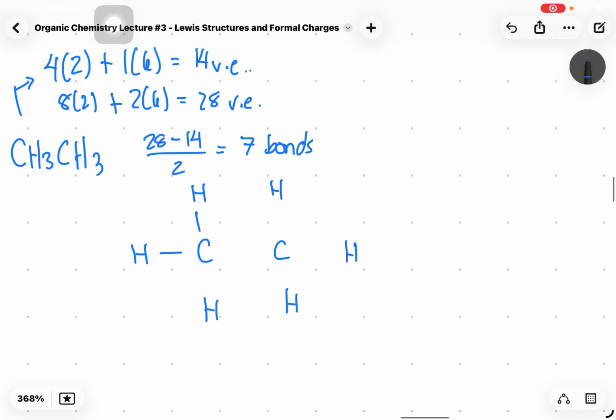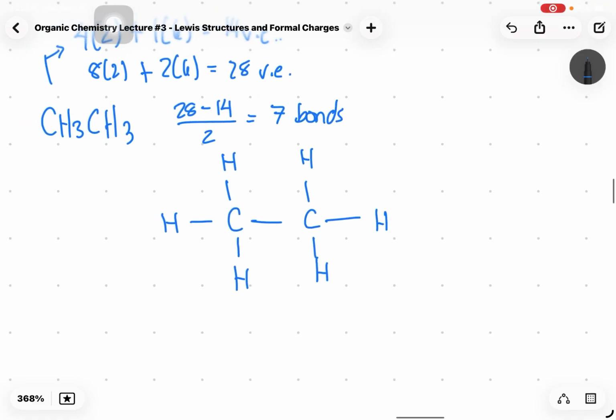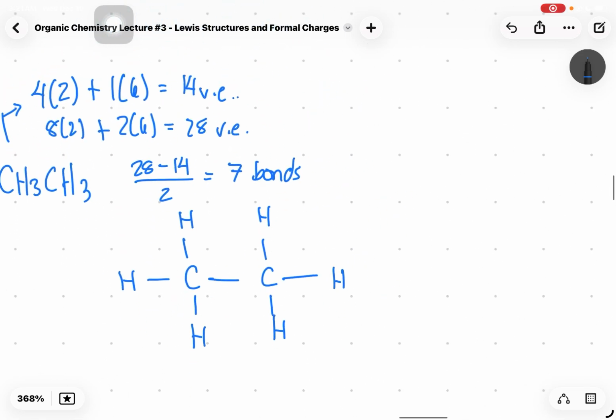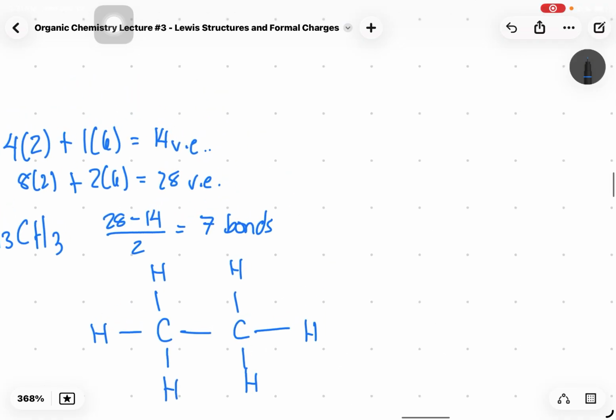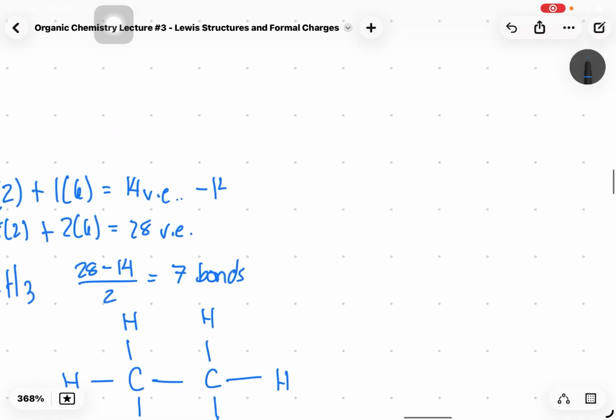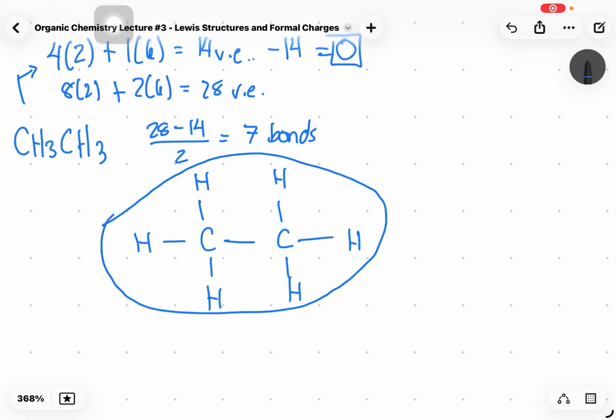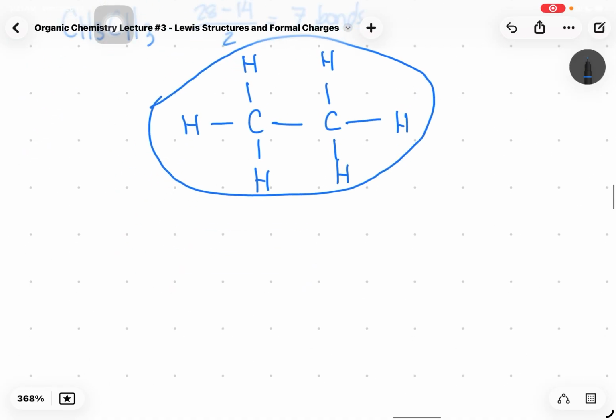So 1 bond, 2 bonds, 3 bonds, 4 bonds, 5 bonds, 6 bonds, and 7 bonds. And let's see if this is complete and stable. So 7 times 2, since every bond is 2 electrons, that's 14. So subtract that from the ground state value, we have 0. Meaning that this is a complete and stable representation of the Lewis dot structure of CH3CH3.